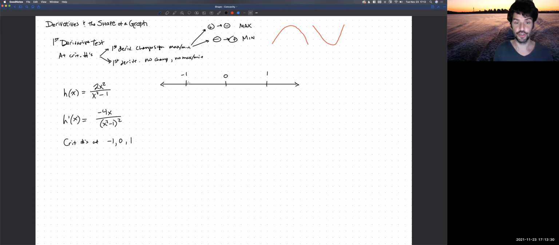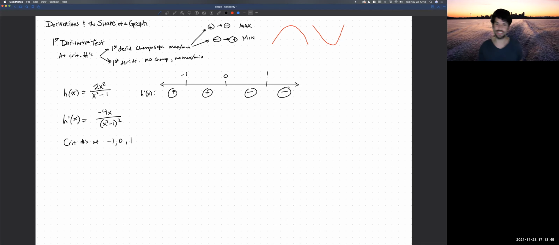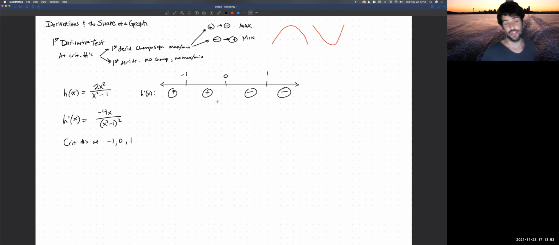So if x values were less than -1, we found that the derivative was positive. If between -1 and 0, it was positive, and then between 0 and 1 is negative, and bigger than 1, it was negative, right? And so that's how we identified this maximum, where we see that the derivative went from positive to negative, right? But now I want to look at something else.